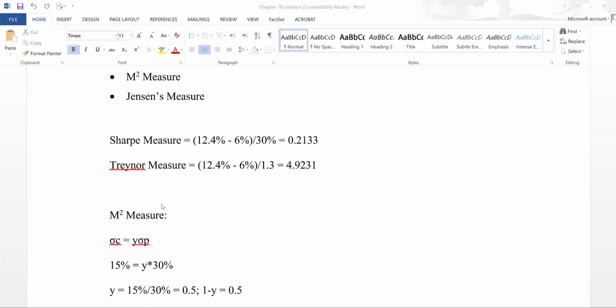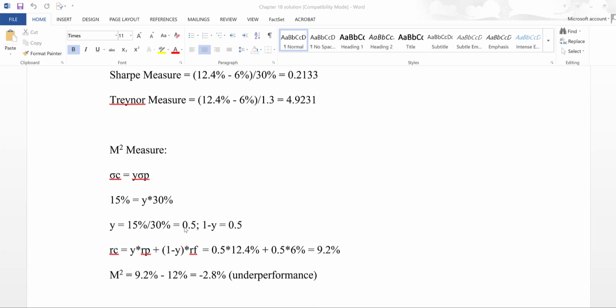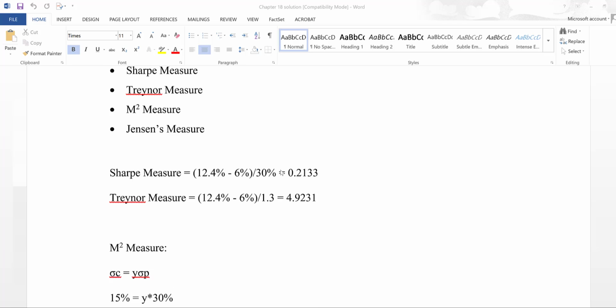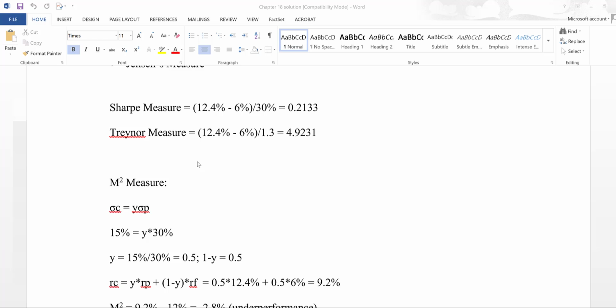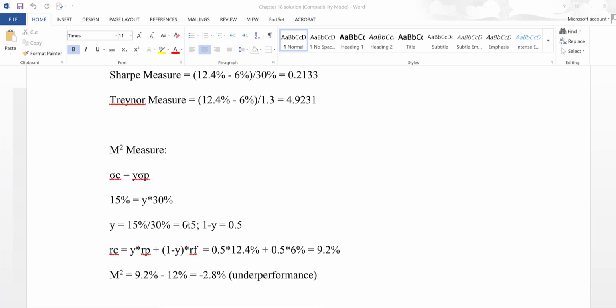So this is the risk equation for our risky plus risk-free asset. Our target for the combined portfolio is 15%, the same as that of the benchmark. And we want to find how much to invest in the fund and how much to put in the risk-free asset, right?